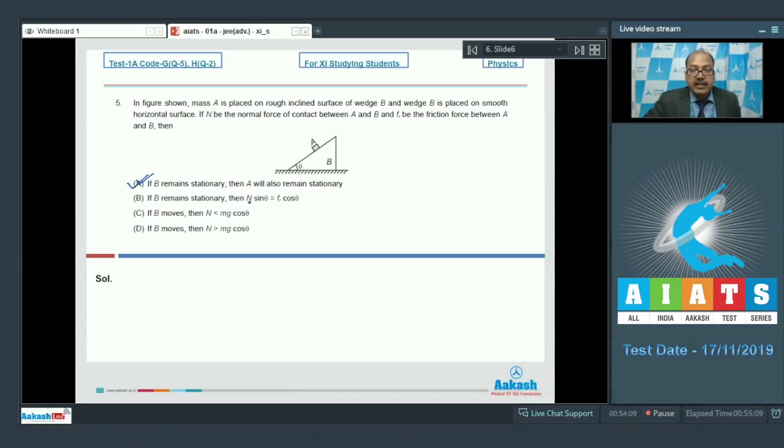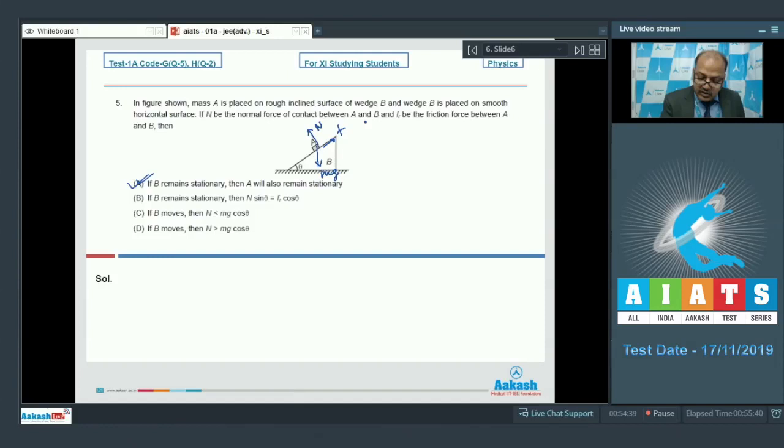If B remains stationary, then N sin theta is equal to Fr cos theta. Of course, we need to draw the free body diagram. As I told you, when B is stationary, the contact force between A and B is vertical. So if I look at the FBD of A, there is this force mg, there is this N, and there is this friction.